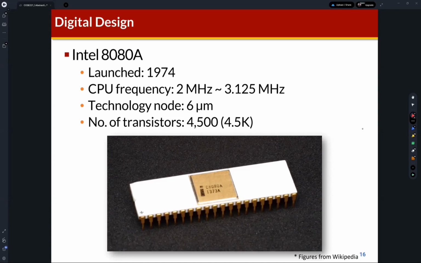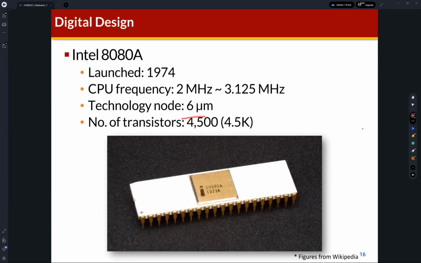And then the technology node, 6 micrometer. If you are interested in the semiconductor industry, you can know that recently we are using under 10 nanometer technology. This technology node is 6 micrometer, much larger than modern technology.